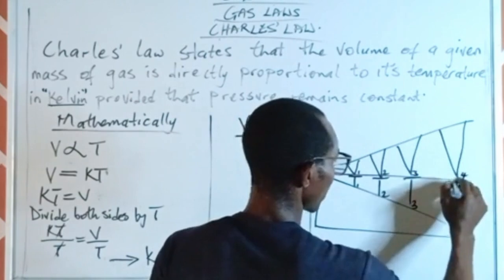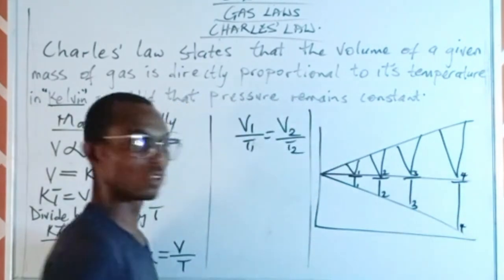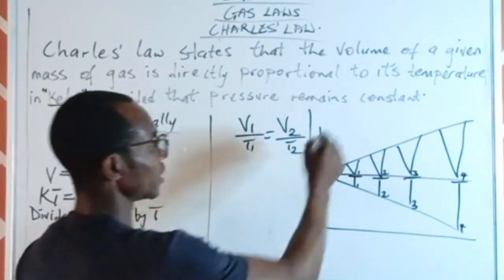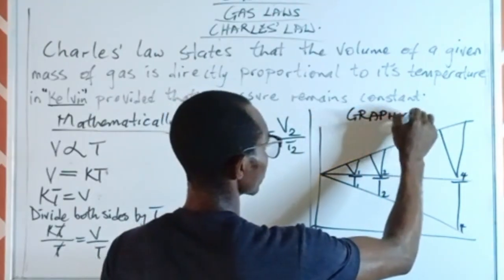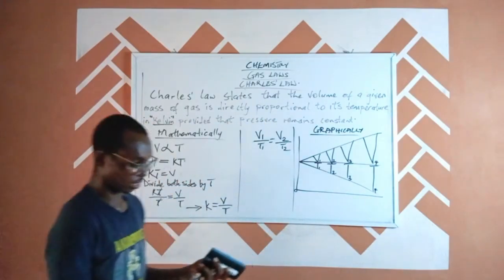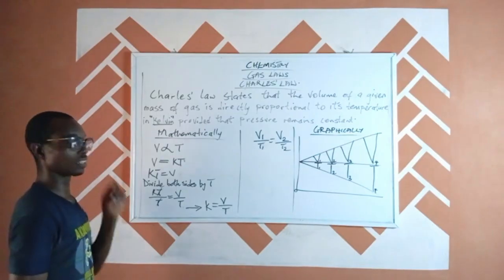At V4 here, temperature has also increased to T4. So basically, this is the origin, and that is what Charles law is saying graphically.